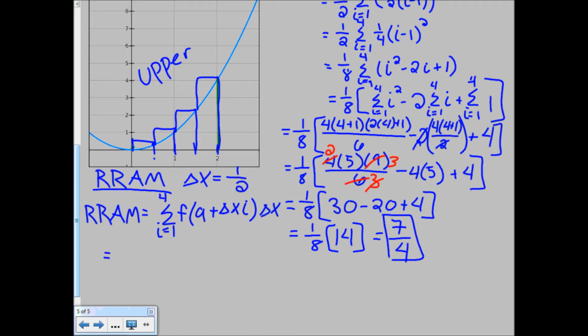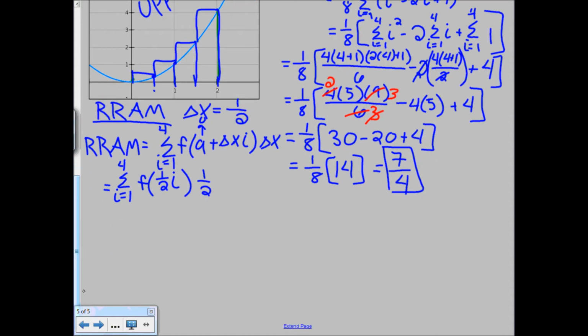So this is just going to come out to be the sum from 1 to 4 of f of, this is a 0, plus 1/2 i, times 1/2. So we're going to pull our constant out front, and just start using our summation formulas here to break this up.